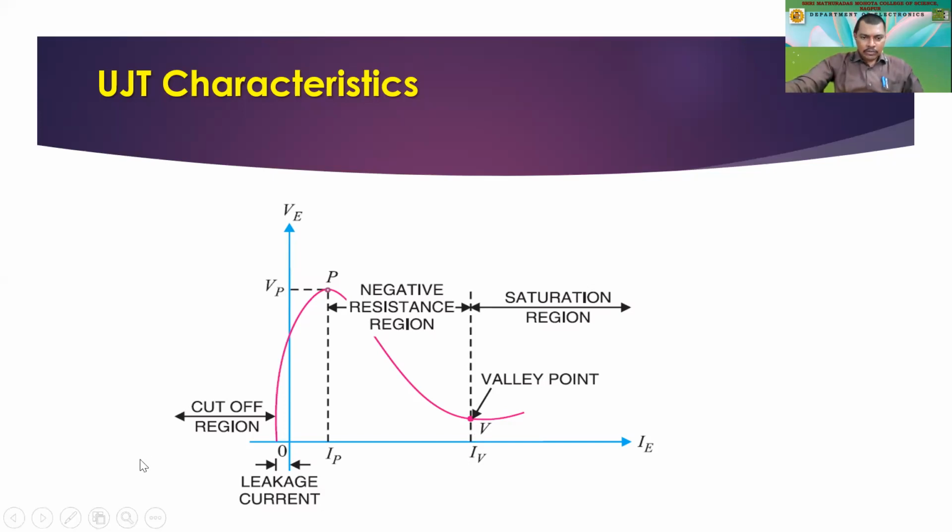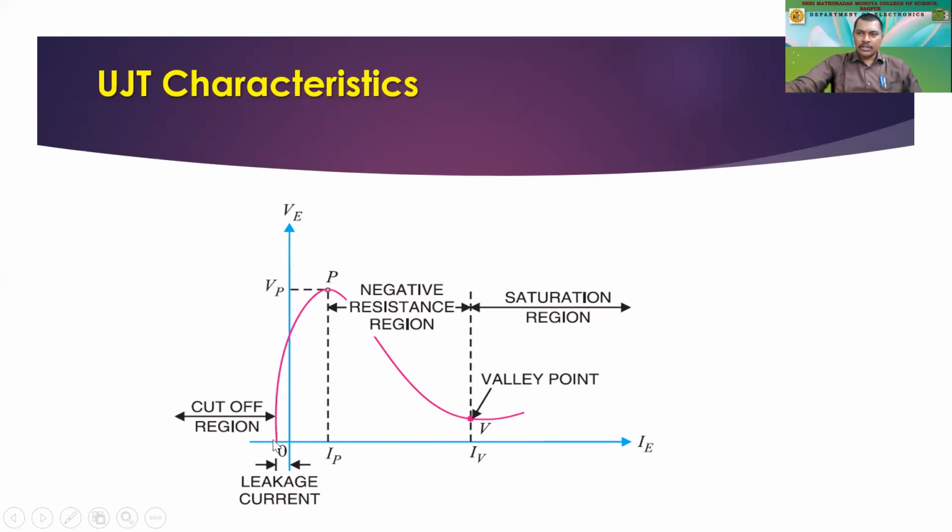Now, in this cutoff region, the transistor is not going to work. The transistor is to work in this active region, where we have this P point. And after this valley point, we have a saturation region, where again the transistor is not expected to work.